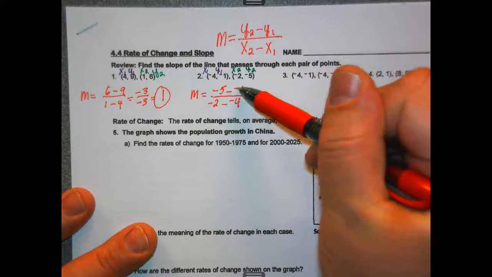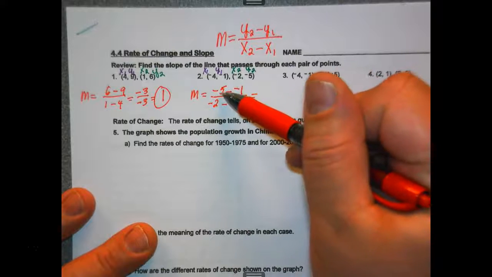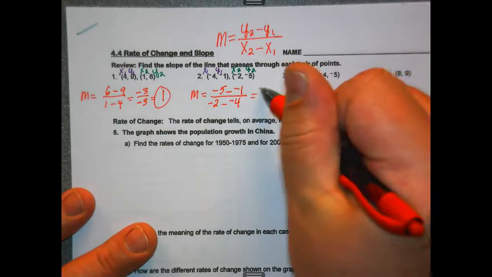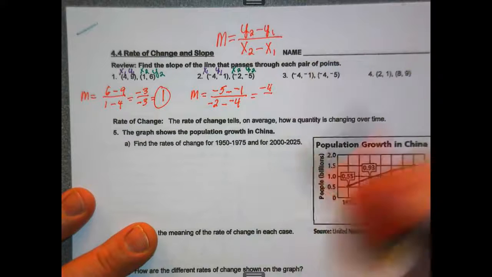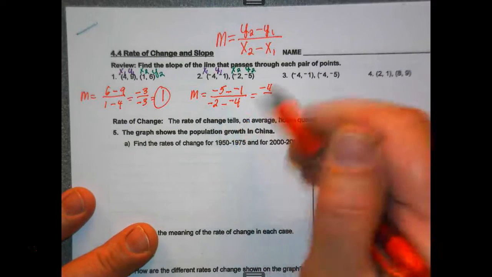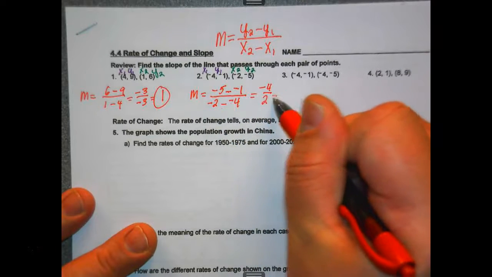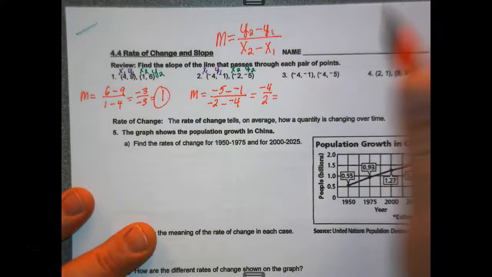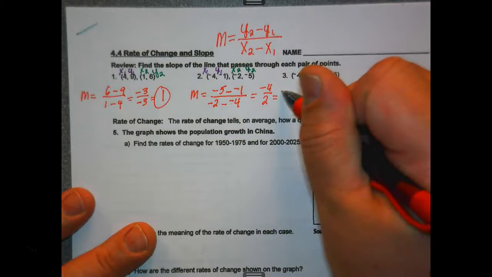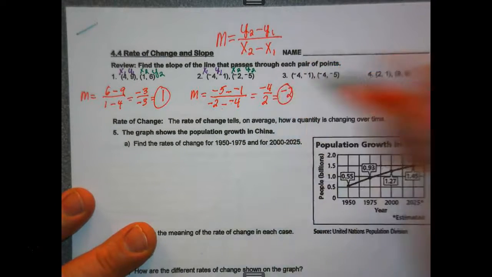So negative negative makes it a positive. Negative 5 plus 1 is negative 4. Negative 2 plus 4 is positive 2. Negative 4 over positive 2 is negative 2, or negative 2 over 1.